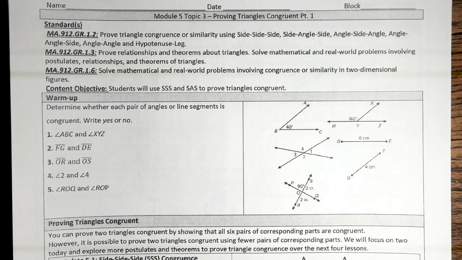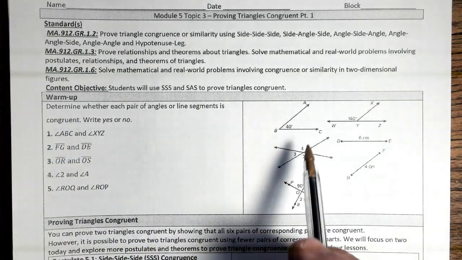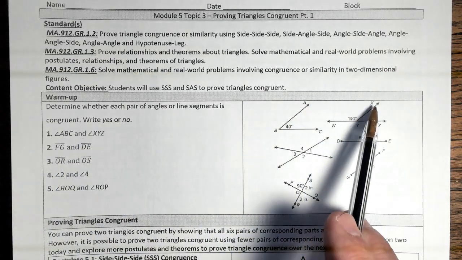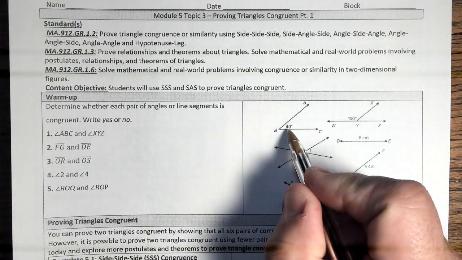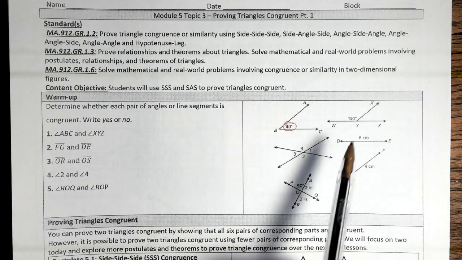Determine whether each pair of angles or line segments is congruent, right? Yes or no. All right, so number 1 says angle ABC. So ABC is right here, and XYZ over here. So notice that ABC is 40 degrees.